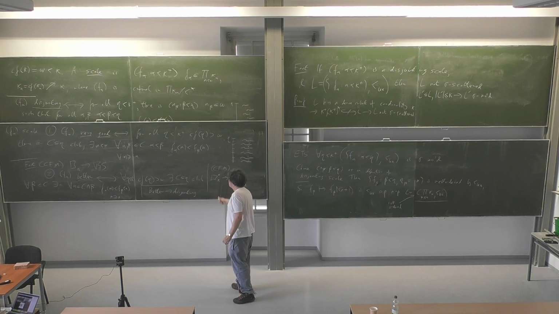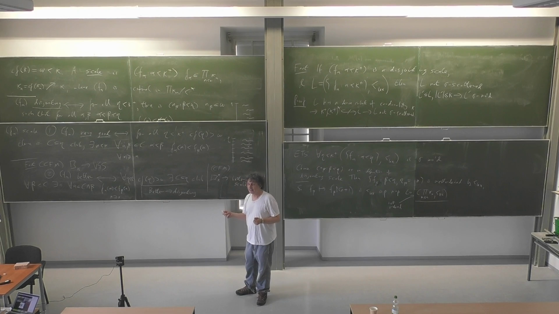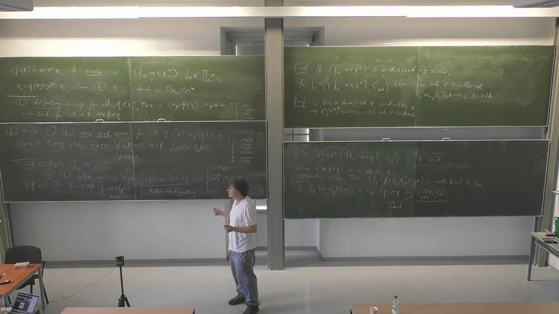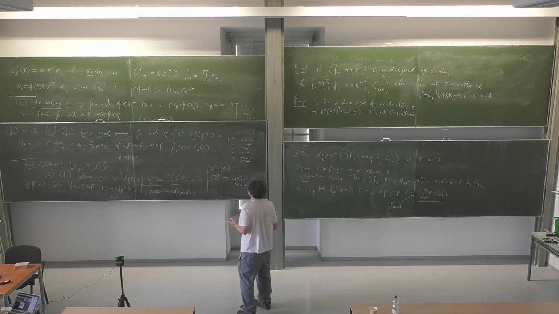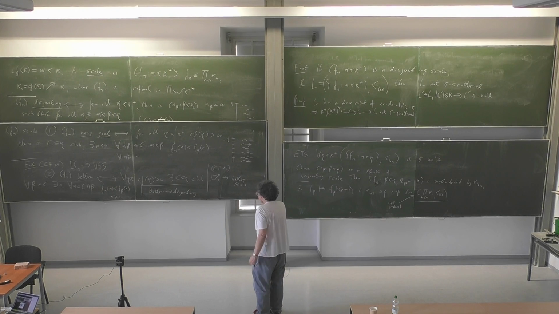Weak square sub kappa is not good enough for a very good scale. Again, because of some reflection type principles. Very good scale actually rules out some amount of simultaneous stationary reflection, which is compatible with weak square. More of the stuff in our old paper.